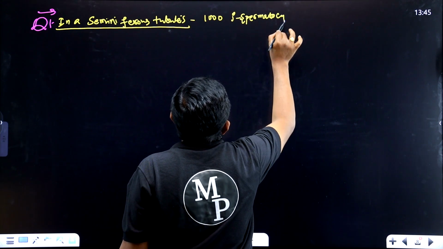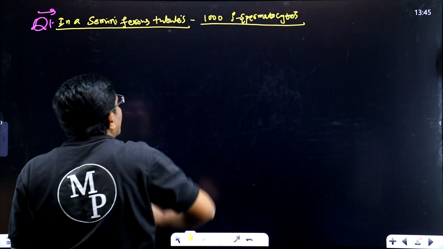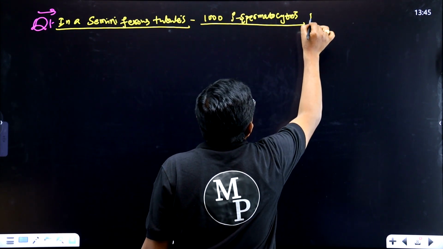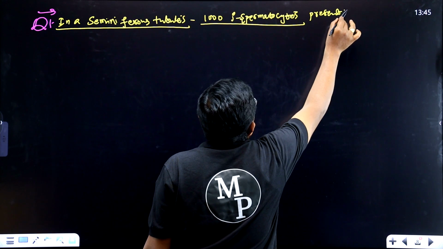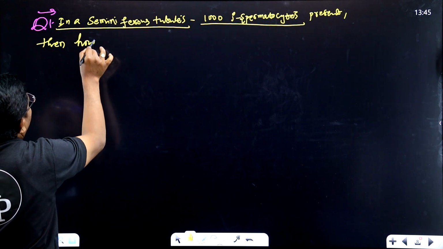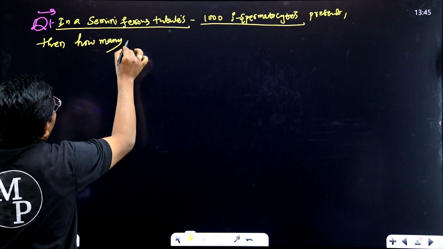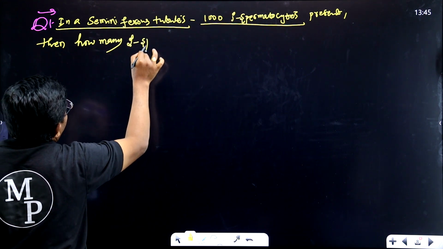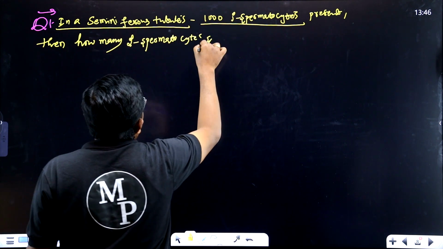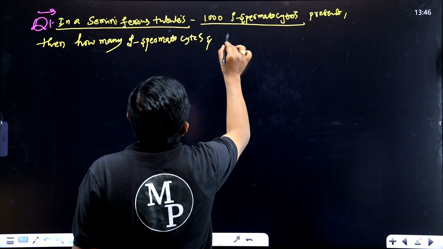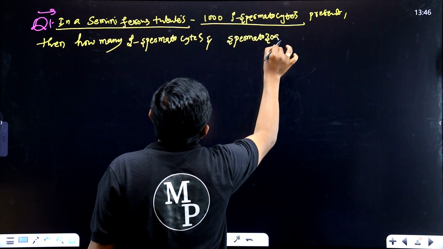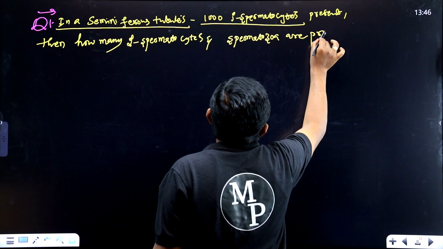Then how many secondary spermatocytes and spermatozoa are produced?